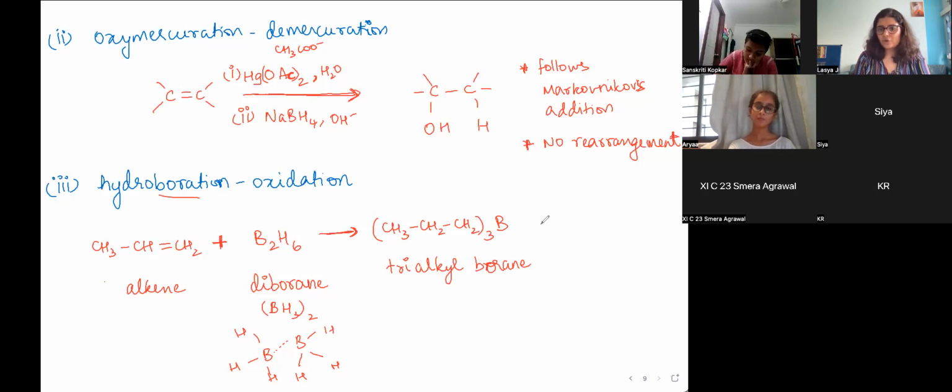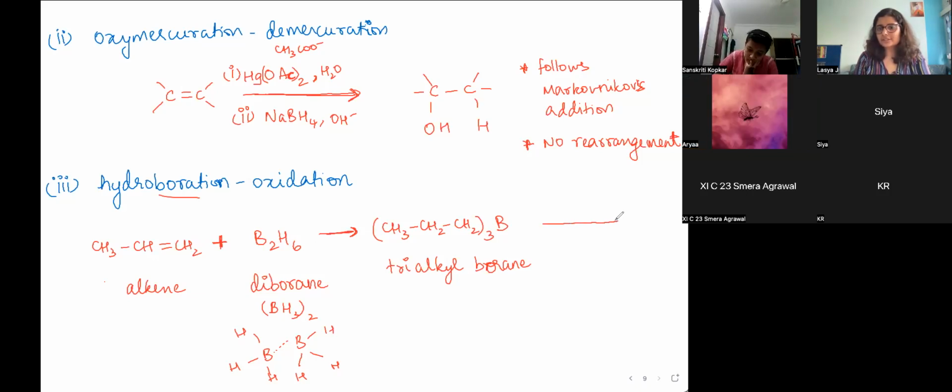And next comes the oxidation part of it. Oxidation is done using peroxide, so H2O2 in a basic medium, aqueous NaOH. This will give you alcohols, CH3, CH2, CH2, OH.